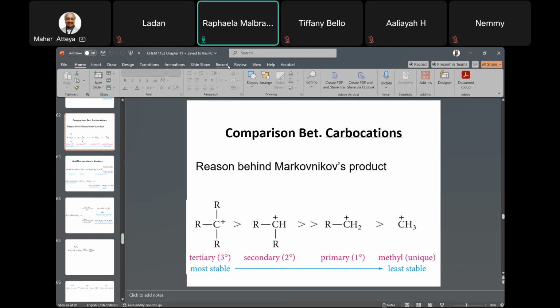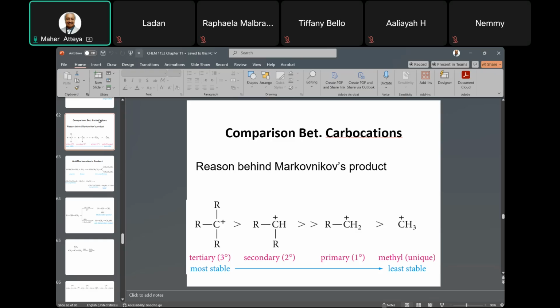But for the final exam you have to memorize at least the rules of Markovnikov, for example. The addition of a molecule to the double bond, that's Markovnikov, will be affected by stability of the carbocation. Tertiary carbocation is more stable than secondary, more stable than the primary. That's the rule, correct?